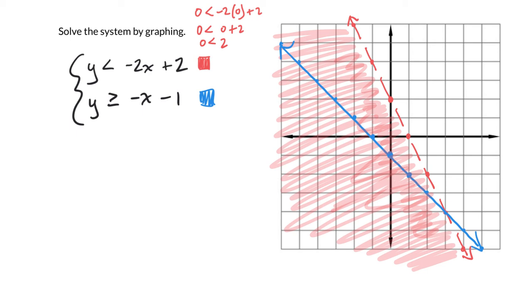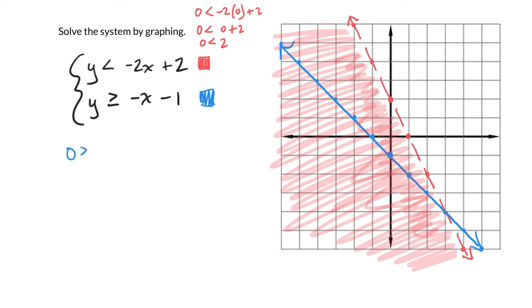But what we're interested in, because these are inequalities, is where the shading intersects, because that's where our solutions are going to lie. So let's see, we'll plug in 0, 0, check to see if that works.